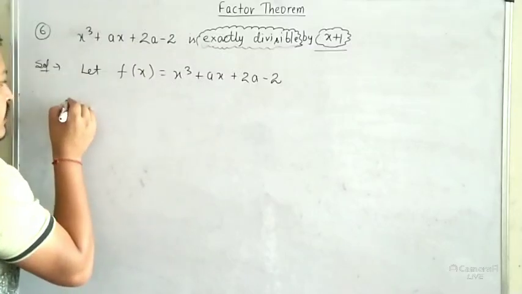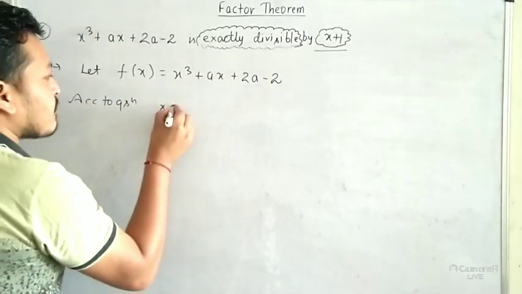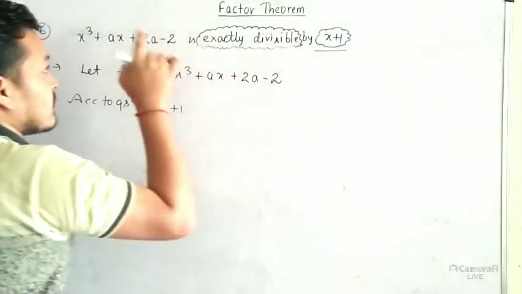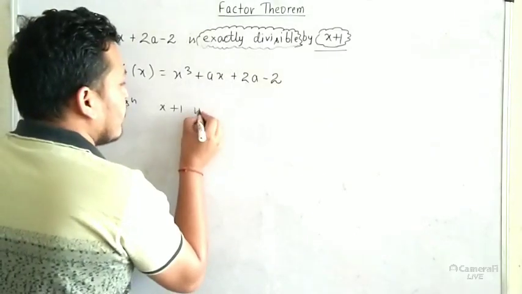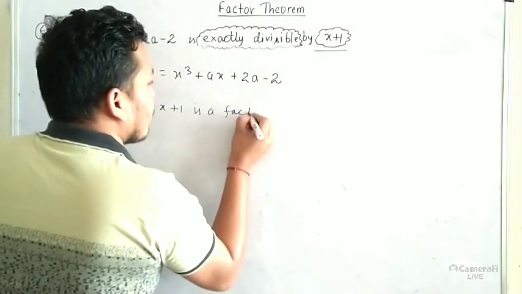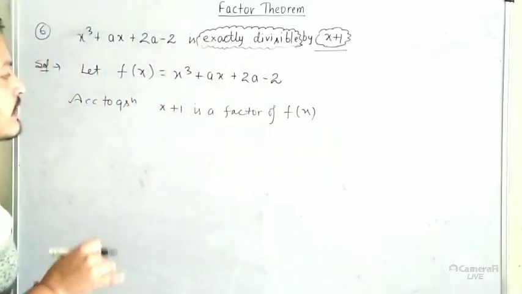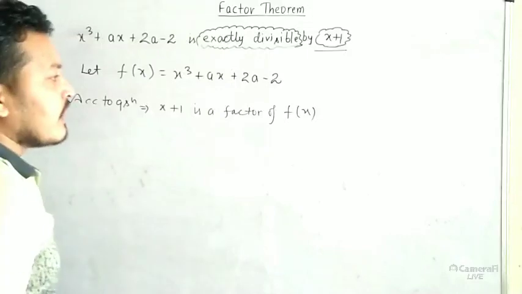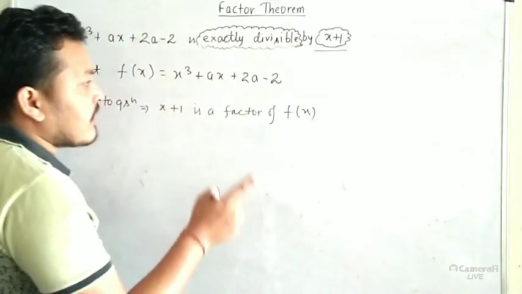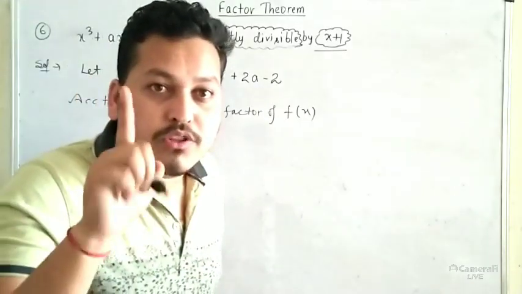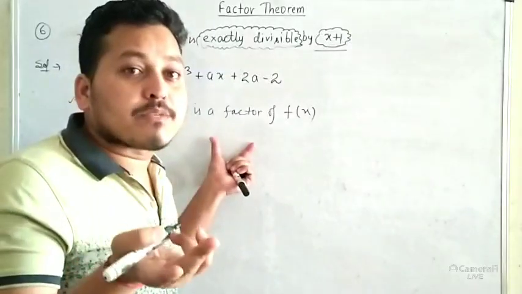So according to the question, x plus 1 completely divides the given expression. So we can say that x plus 1 is a factor of f(x). This is given that x plus 1 is a factor of f(x). So what will be the condition? The remainder is equal to 0. Keep in mind, in the last question we had checked whether it is a factor or not.